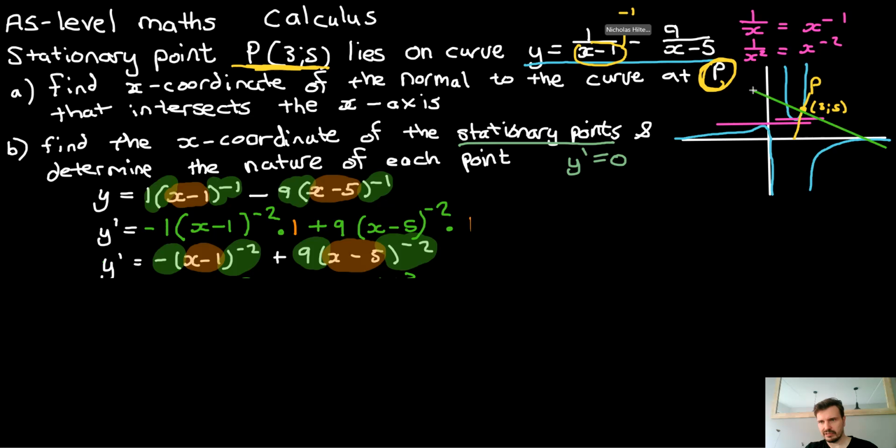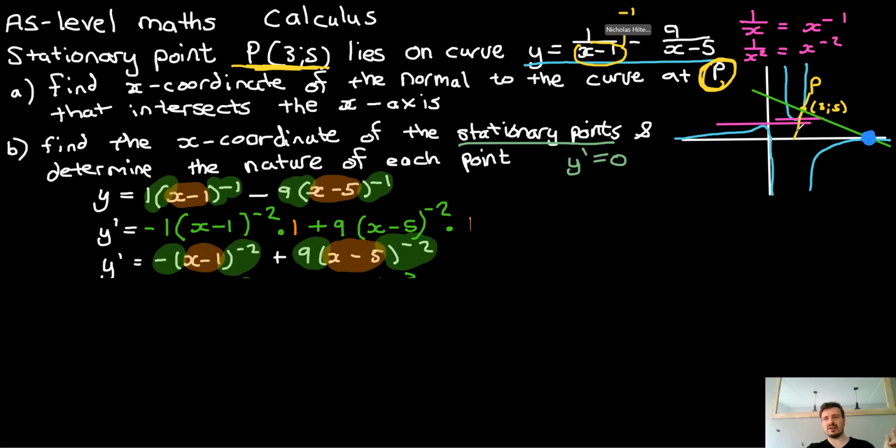So the normal is in green there. And they want the x-coordinate where it intersects the x-axis. So we need to find the equation of this line, and then make y equal 0 in order to find the x-intercept, which is here in dark blue.